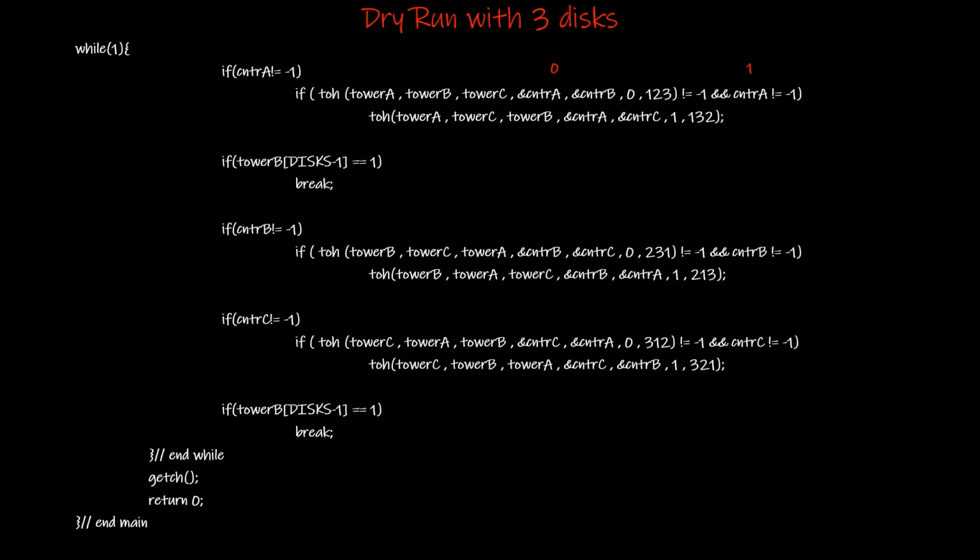And because both the conditions are true, we take our control to this particular statement, and therefore this particular function call is made. Here the first argument is going to be tower A, and the second argument is going to be tower C. So this is going to be a source tower, and this is going to be our destination tower. Okay. So the call is made.